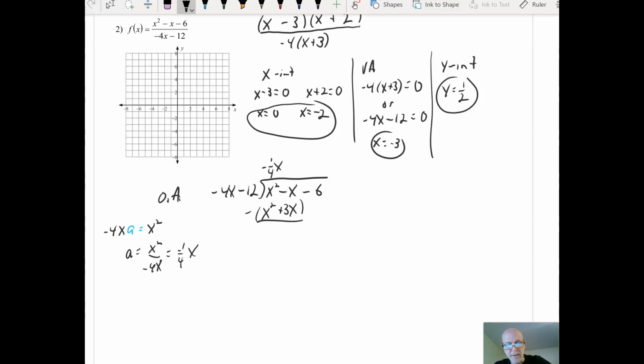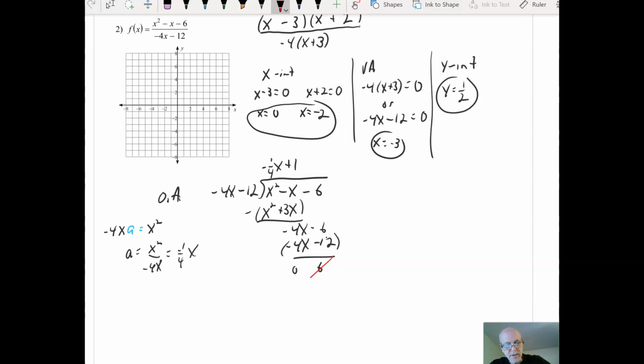So we get x squared minus x squared is 0, -x minus 3x is -4x, carry down the -6, and do it again. This time it's going to just be 1, right? 1 times -4x is -4x. 1 times -12 is -12. Subtract this, we get 0, and then -6 minus -12 is 6. That's the remainder. That just goes away.